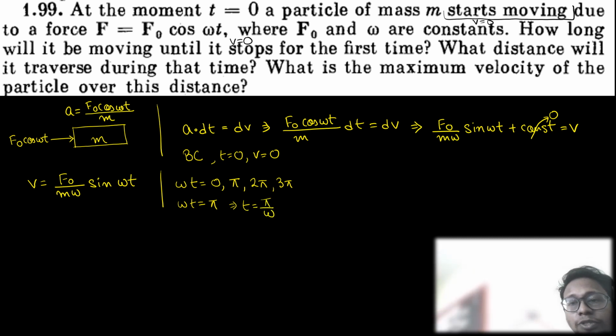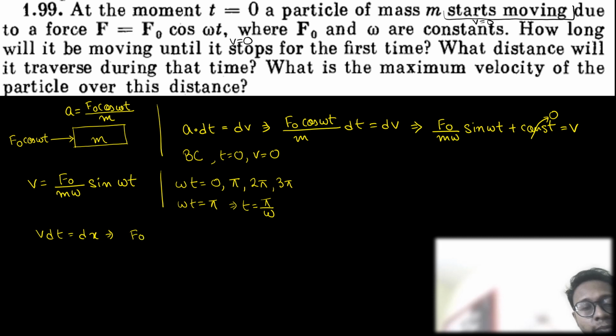The second part of the question is what distance will it travel during that time? That means what is the distance covered? So this is the equation of velocity. If I integrate this with respect to dt, I get displacement, or v dt is equal to dx, or F naught by m omega sine omega t into dt is equal to dx.